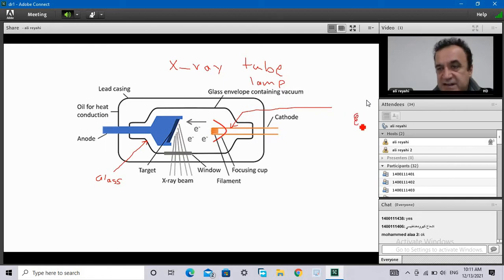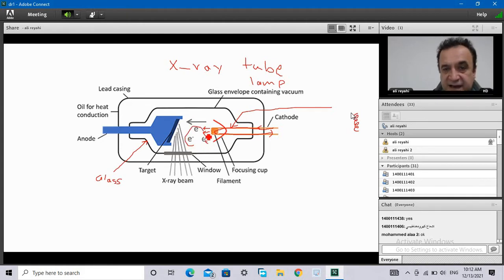A filament is a spring made of tungsten, which is heated by a little current. It is an electrical current flowing through this filament. When this filament is heated, electrons are released, are produced.